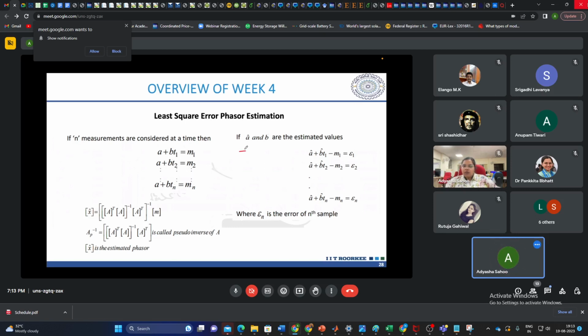Then we'll estimate, these are estimated values, and we'll compute the error that we're getting from the measured values, right? And we will try to minimize this error. So our objective is to minimize E.